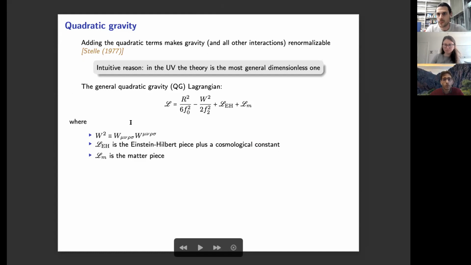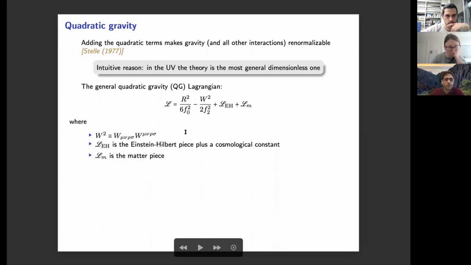Here I'm also including, besides the R squared term and the W squared term, the Einstein-Hilbert piece plus a cosmological constant, which is necessary to have a viable low energy theory, and a matter piece, L_m. I'm also changing a little bit the notation with respect to John Stokes, because he called psi, I think, the parameter below W squared.